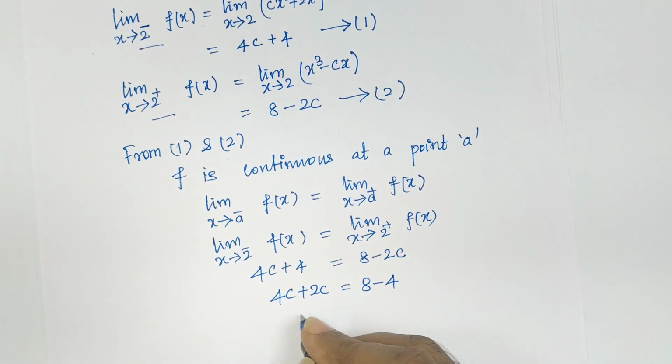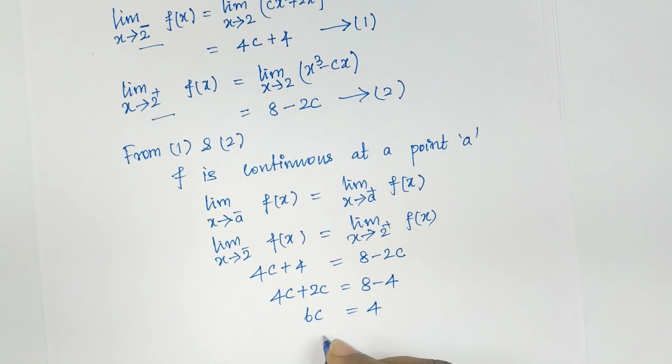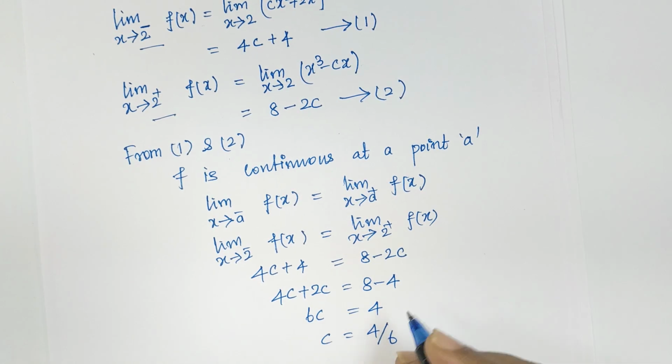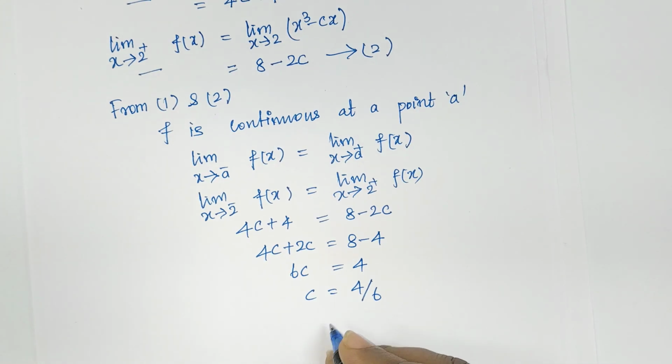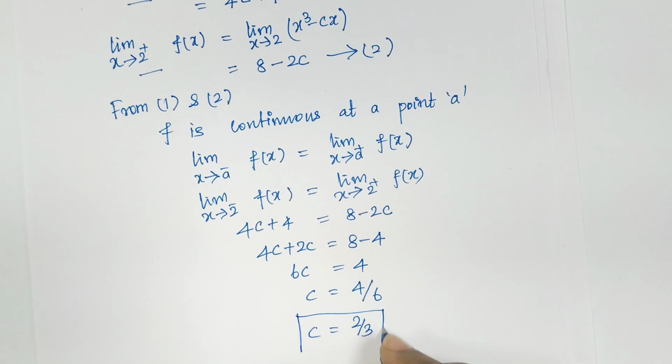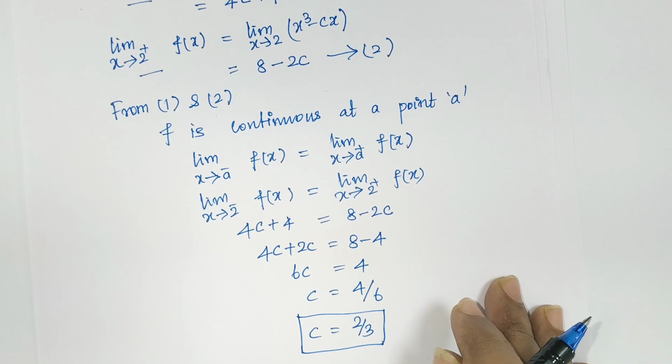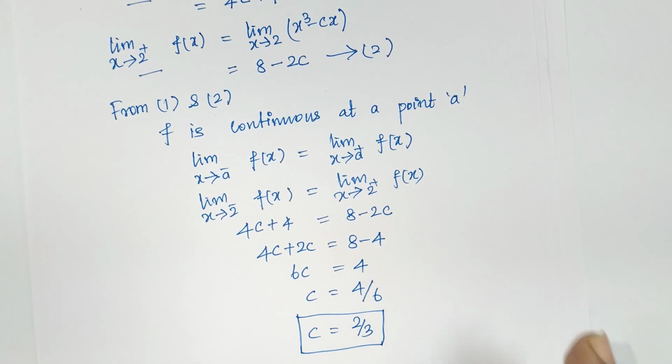Okay, 4c plus 2c is 6c and 8 minus 4 is 4. So c equal to 4 by 6 and you will get c equal to 2 by 3. At the point 2 by 3 your function is continuous. Okay, a very simple problem, but this one is a repeated one.